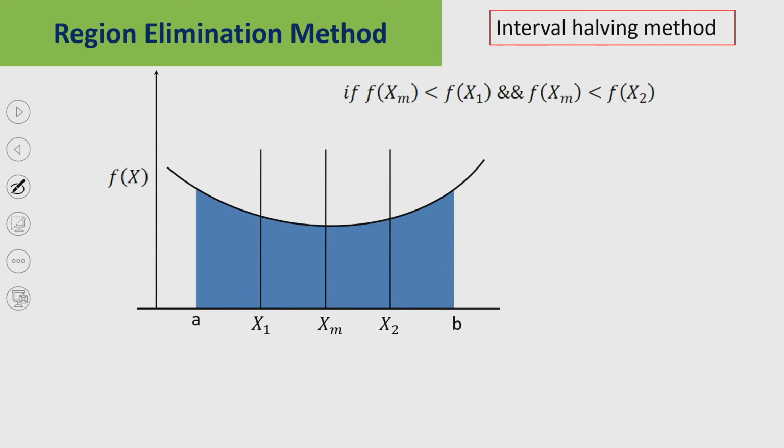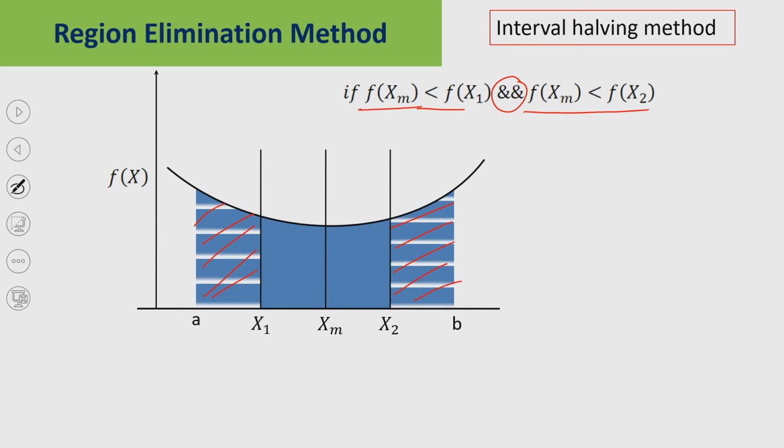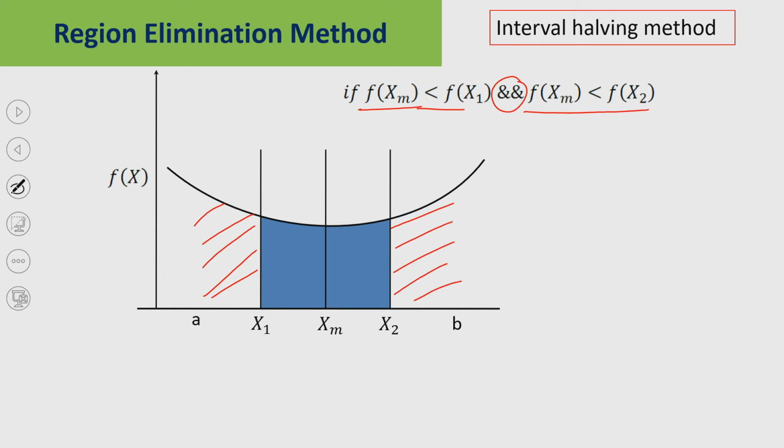Now, if this condition is true, that means f of x m is less than f of x 1 and at the same time f of x m is also less than f of x 2, in that case optima is not there in this particular area, so I can eliminate these areas. Therefore, we are checking 3 conditions here.